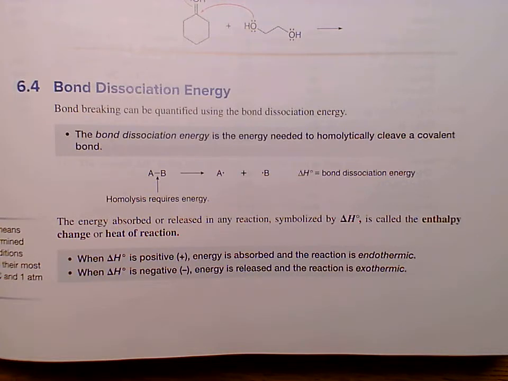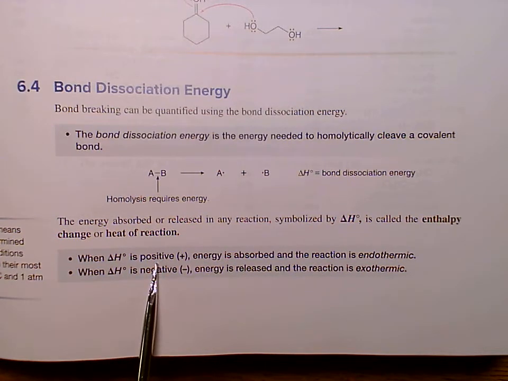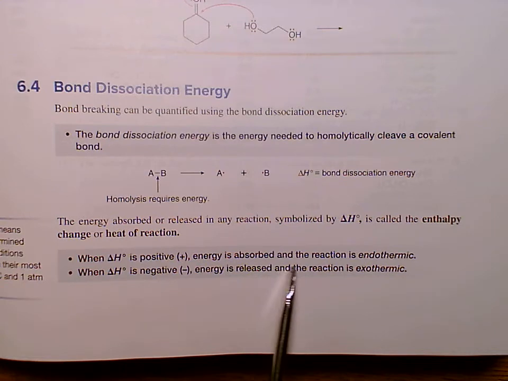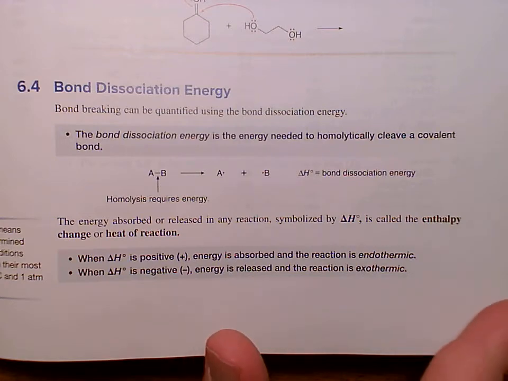You got more energy back when you made the bonds, and the overall reaction is exothermic, if the exothermic bond making part has more energy involved than the endothermic bond breaking part. And recall, when delta H is positive, that means that overall the energy is absorbed, it's an endothermic reaction. When delta H is negative, it's an exothermic reaction.